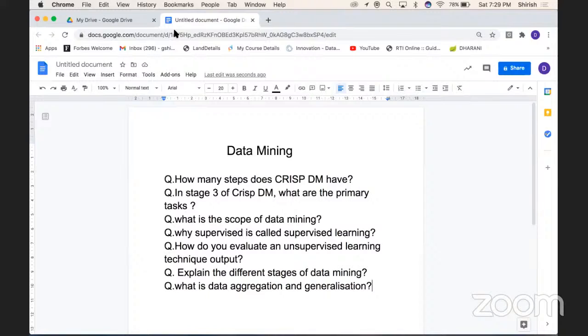It is nothing but replacing the low level data that you have with high level concepts. So you can generalize it and produce some meaningful insights. The data can be generalized, and you can produce some interesting facts or insights from the data.